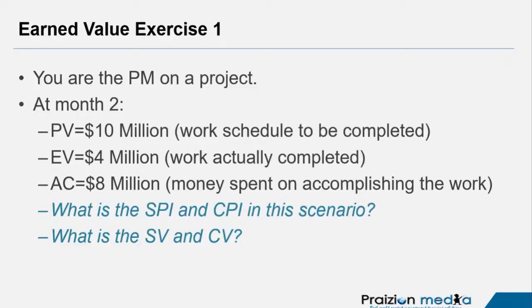So let's see. I got a 0.4 for SPI. Oh, just one chat? A 0.5 for CPI.